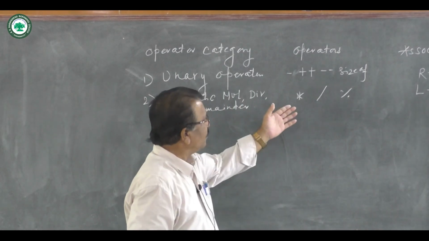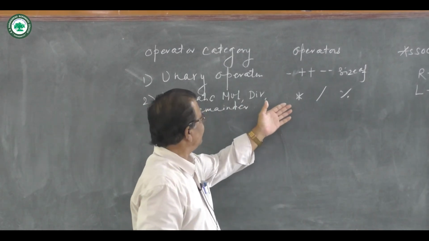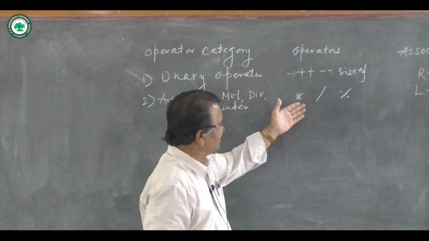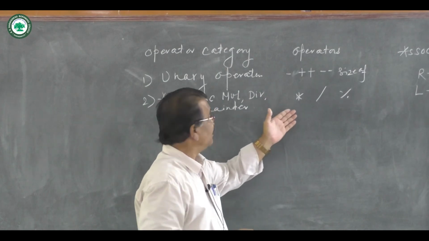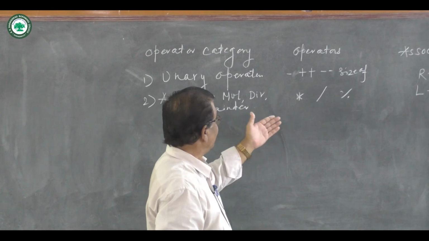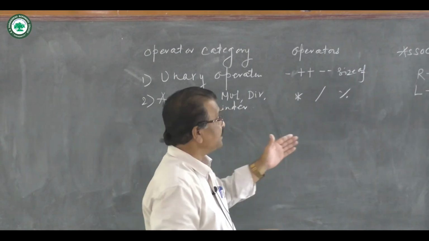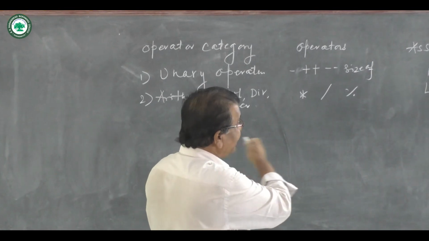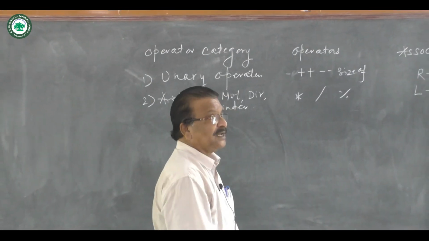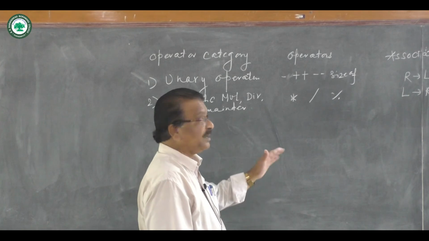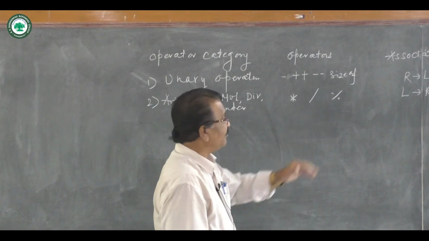Means if more than one multiplication, division, or remainder after integer division operator appears in an expression, they will be evaluated from left to right. Associativity is from left to right. So they will be evaluated from left to right.